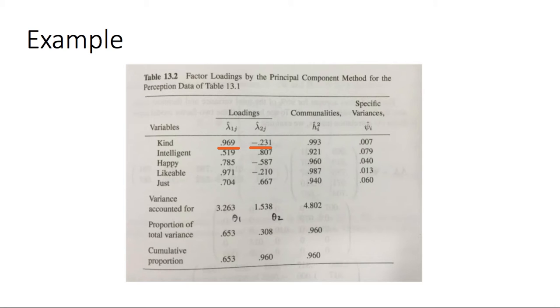Then use the proportion for each of the factors, then the cumulative proportion, which is around 96%. That is very high for the factors to express the original information.